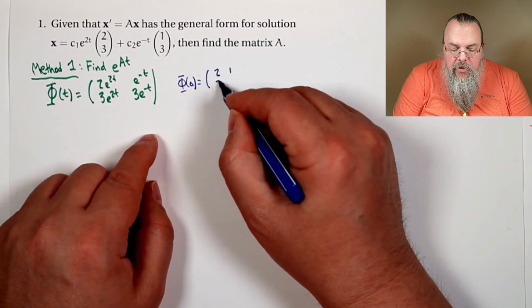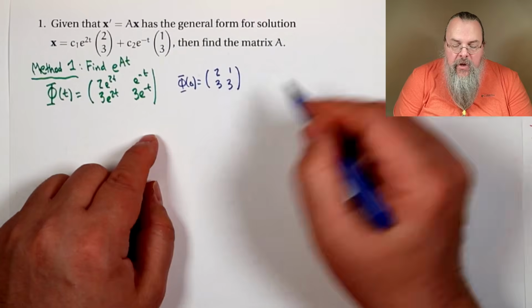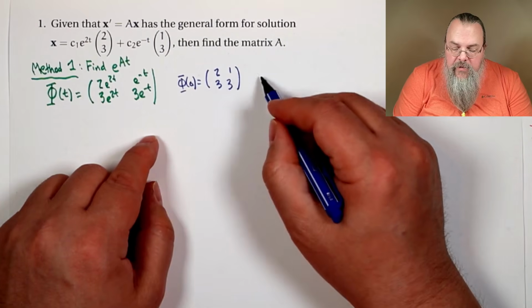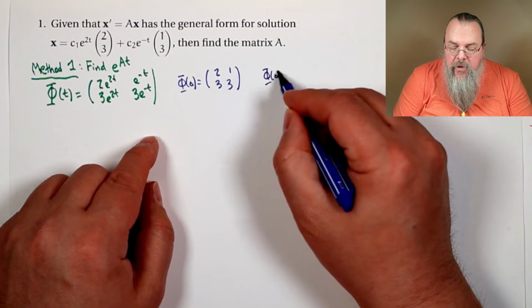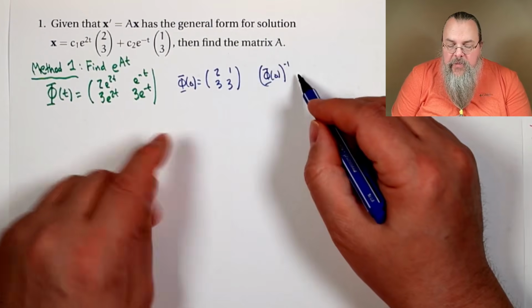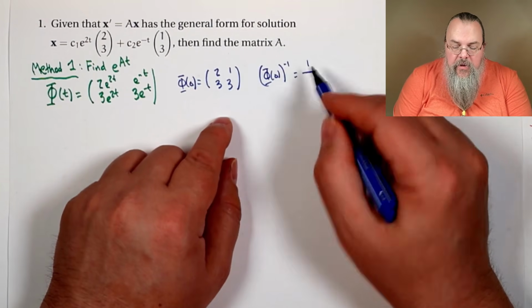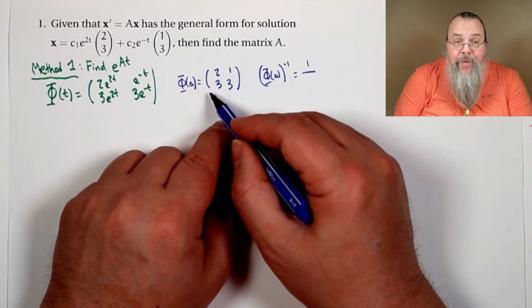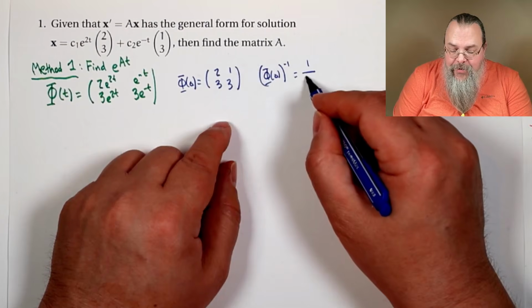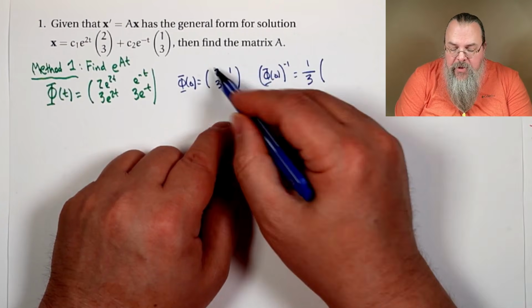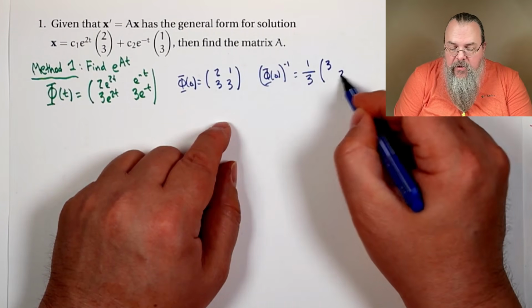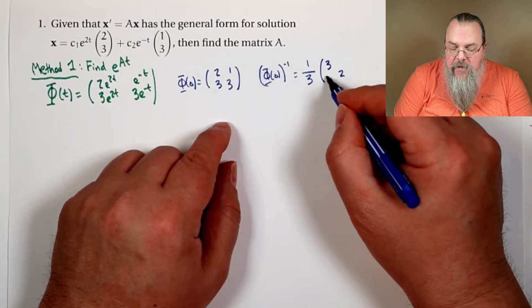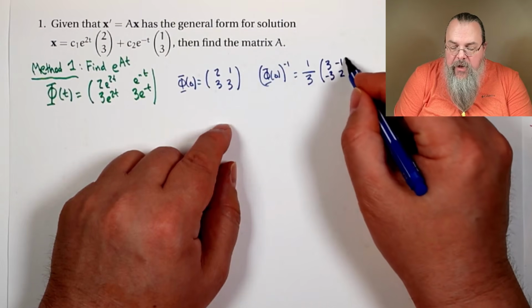2, 1, 3, 3. So the inverse of this will be 1 over the determinant, 6 minus 3. So 1 over 3, swap the diagonals, 3, 2, change the signs on the off diagonals, minus 3, minus 1.